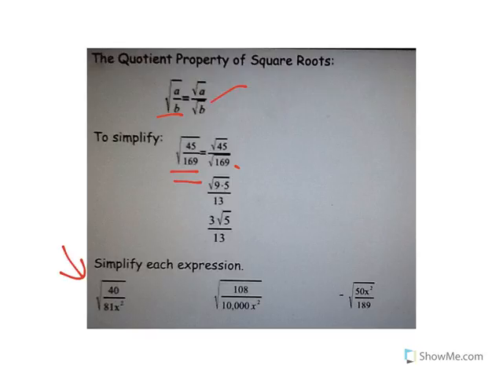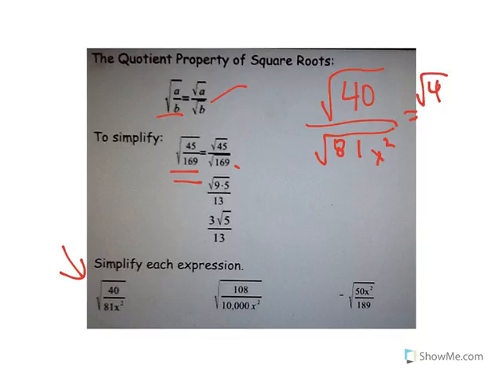So now let's look at these here. In terms of simplifying this expression, I'm going to write this one up here. It's going to be the square root of 40. I'm rewriting it just a little bit, that first step here, over 81x squared. So this is going to be the square root of 4 times the square root of 10, over the square root of 81 times the square root of x squared.